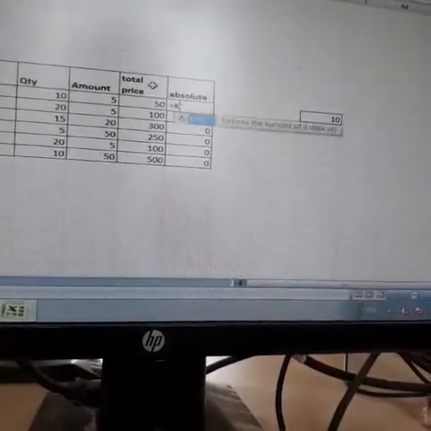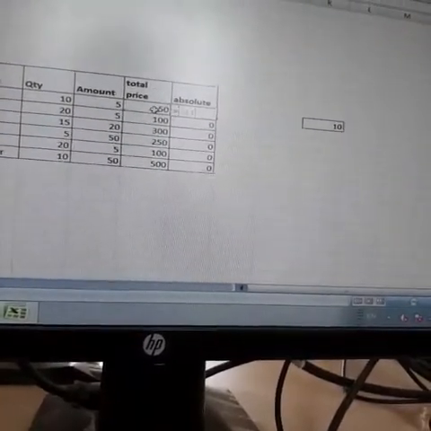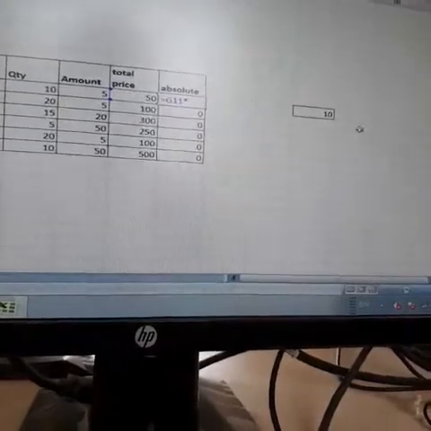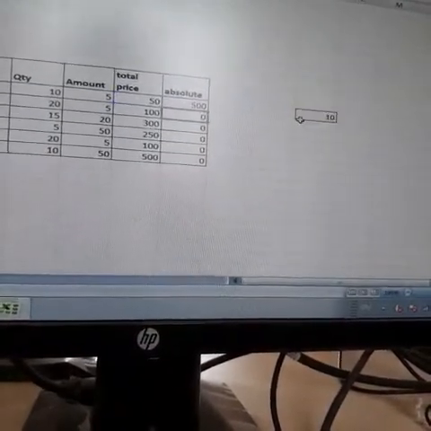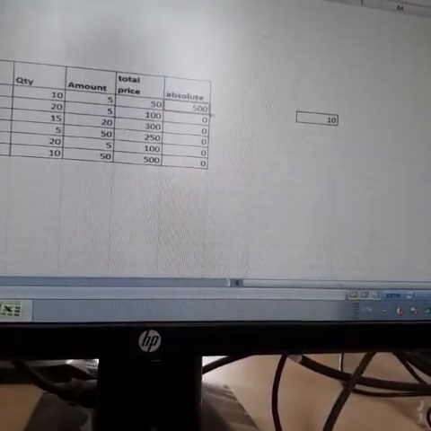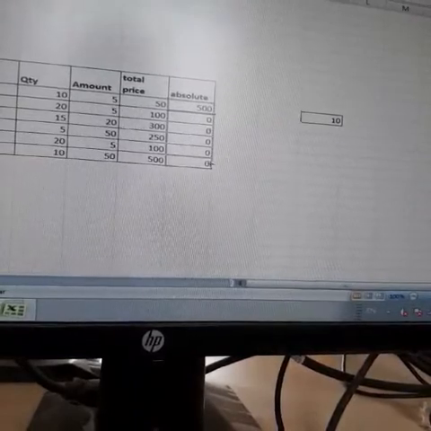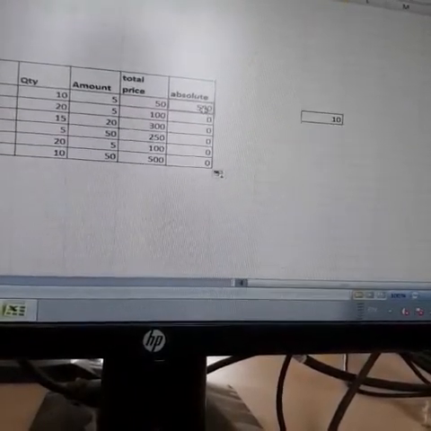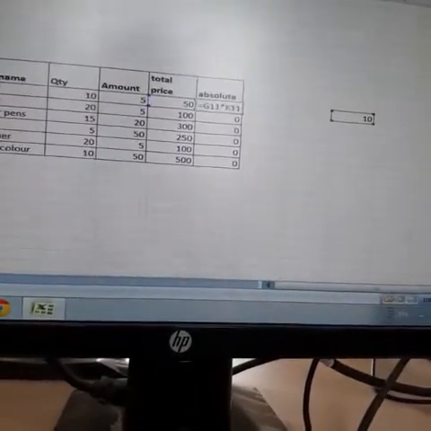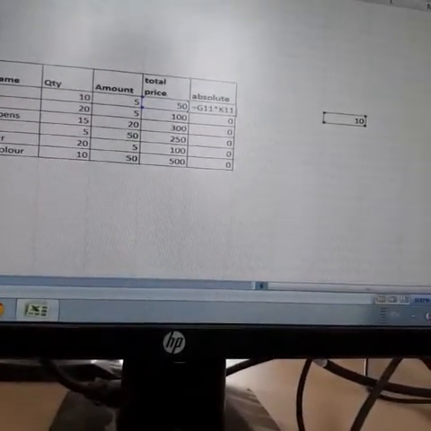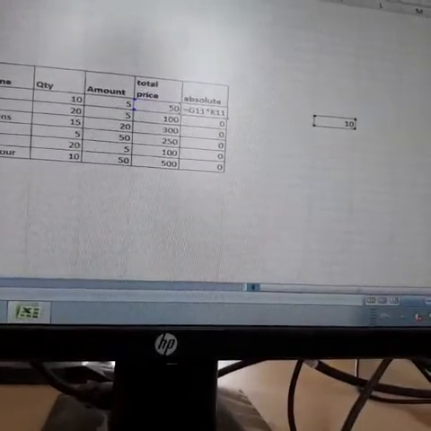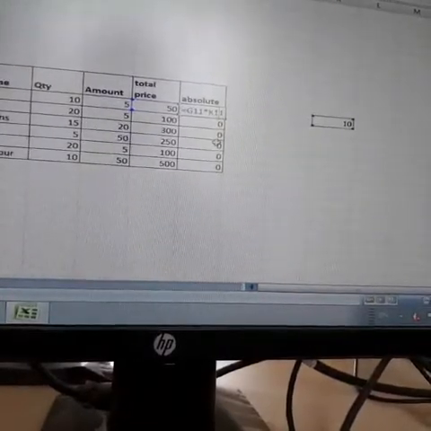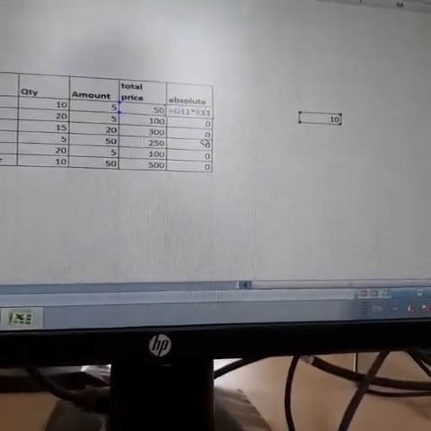I am taking this value into this value, and when I drag, it will take relative cells, but relatively there is no value here. So for that I have to fix this value, I have to fix this cell address. For that I use the absolute address.